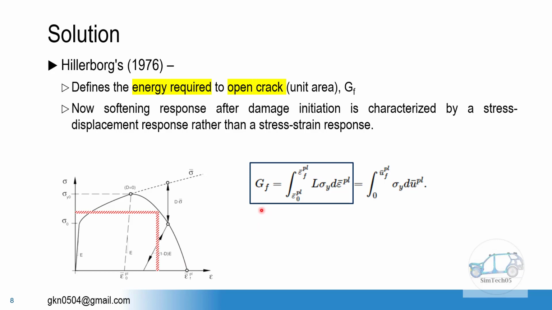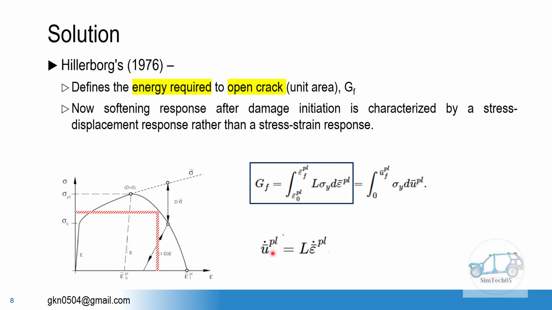One more important point here: if you observe this particular equation, the effective displacement delta U can be given by L into dE. How? Because the strain is the change in length divided by the actual length. So the change in length, or we can say the effective plastic displacement du, can be given by L into dE, and with respect to that these boundary conditions also will change. So this is quite an easy term. We just define the energy required to open the crack, but the crack must have unit area, and then we convert this dE term into an effective displacement term.